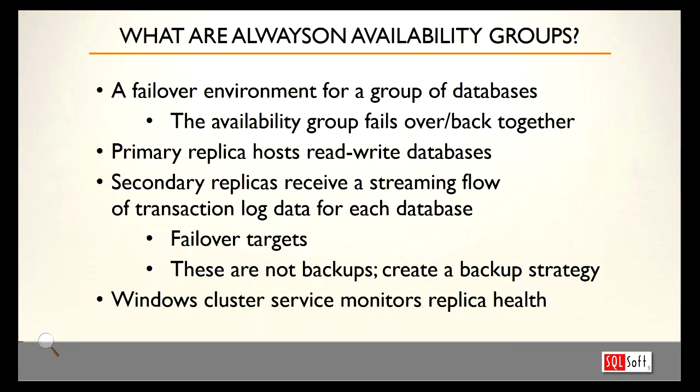So these secondary replicas that receive this streaming flow of data from the primary are our failover targets. We are going to fail over to one of these and make them the primary at failover time. These are not backups. We are still going to want to have a backup strategy. I mentioned that we can back up the transaction log. When you back up the transaction log, you are also truncating the transaction log and hopefully keeping those files of a manageable size and reusing that space.